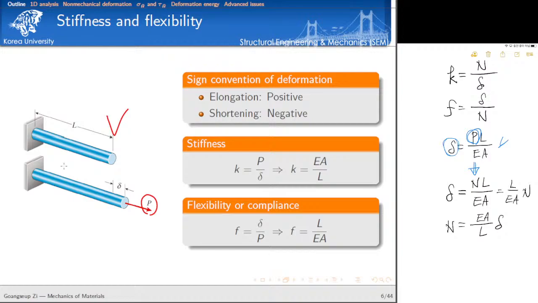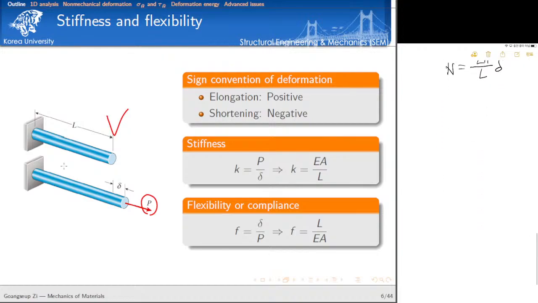Before any analysis, we want to introduce a coordinate system. Otherwise, we cannot start our analysis. This is my problem. And then, as I told you, we have a reaction here. Let's define a coordinate system.